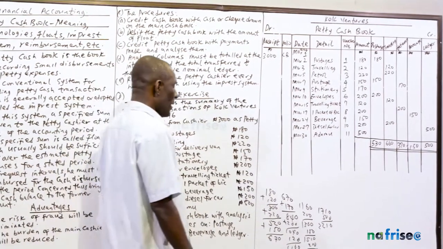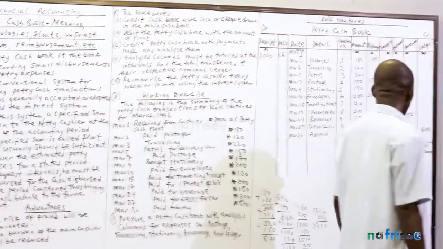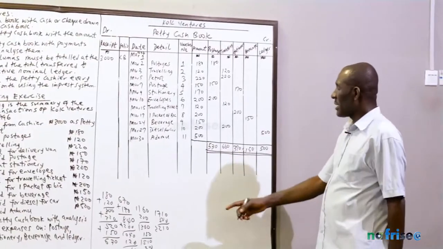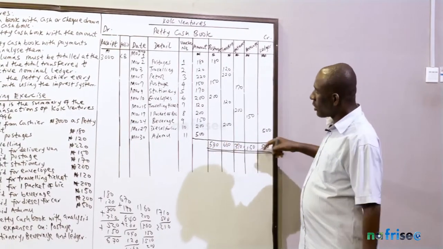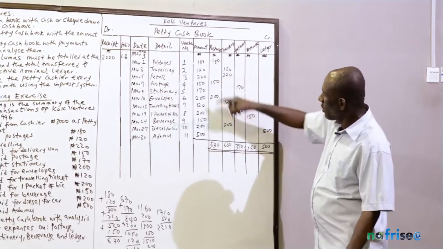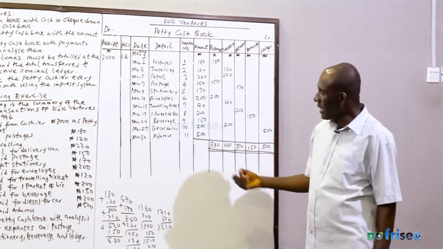Now, before we go further, to confirm if our figure is correct, let's sum up this because the total here must be equal to the total here, because what you have here is what constitutes all the figures here. So let's check.